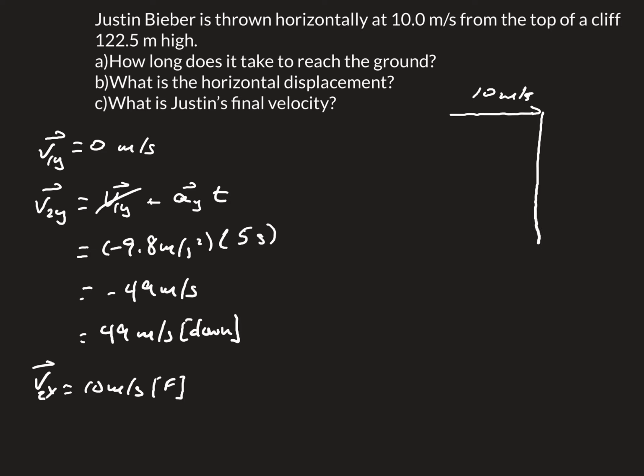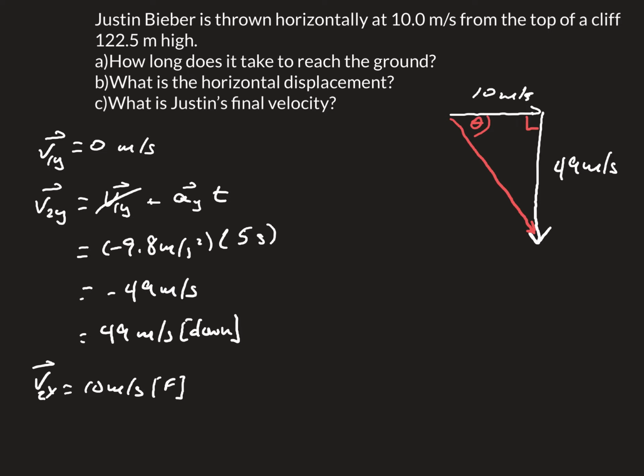It gives us 49 meters per second down. This leaves us with a net or resultant vector. It's going to look something like this, and it's going to have some angle in there that we don't know. This is a right angle, and that's really important because it makes our math a little bit easier.